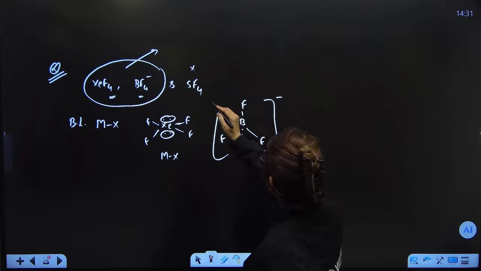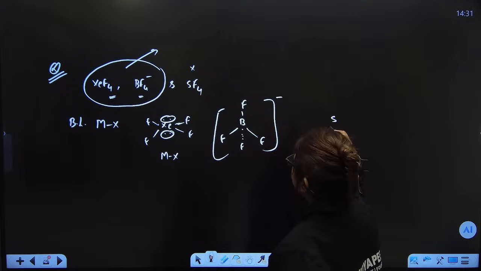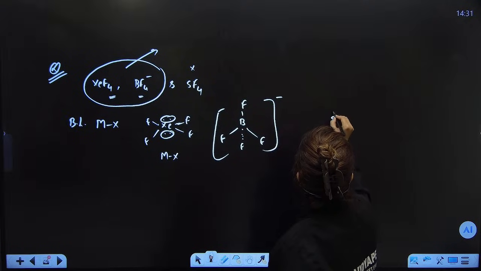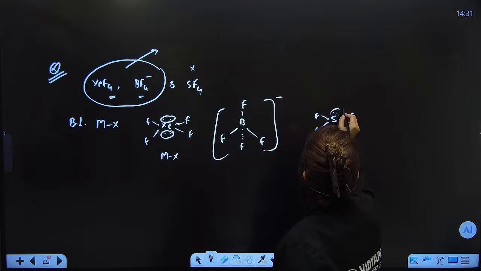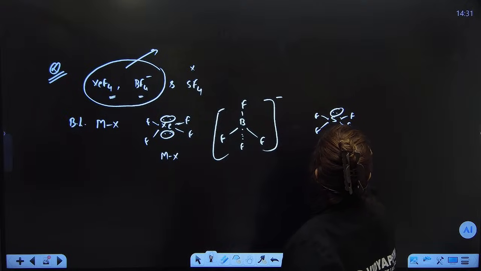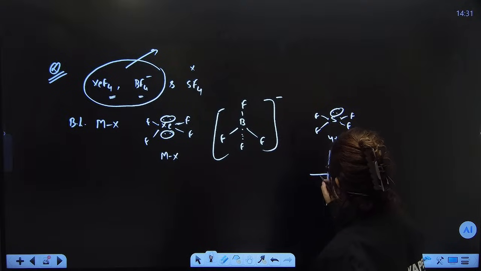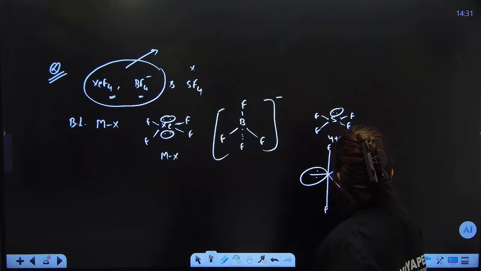But SF4, sulfur has a total of 6 electrons, and where F is present, so 1, 2, 3, 4, 5, 6, we have 4 bond pairs with one lone pair. So 4 plus 1 becomes 5, meaning it becomes trigonal bipyramidal. We keep the lone pair in the equatorial position, and the fluorines are captured here.